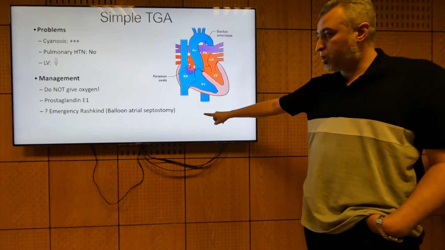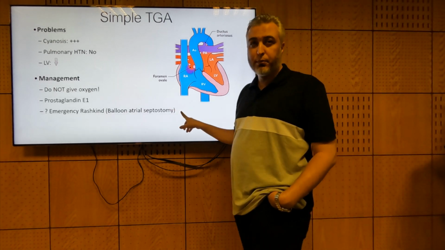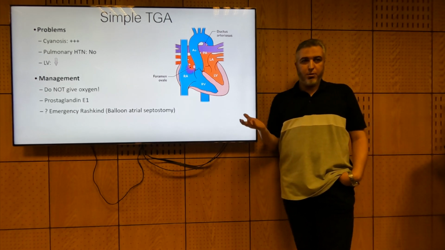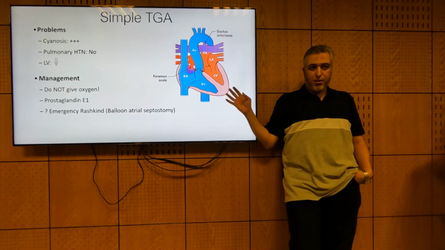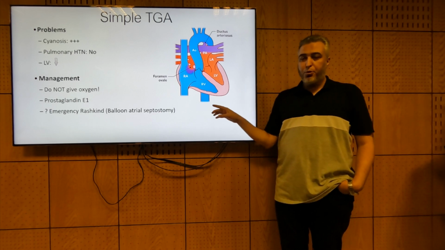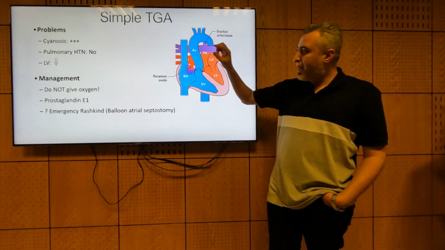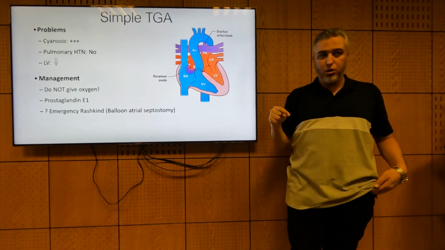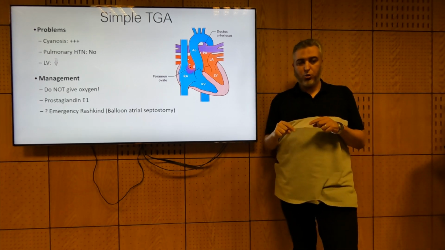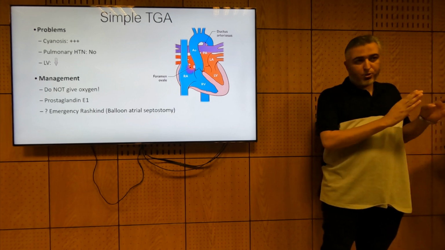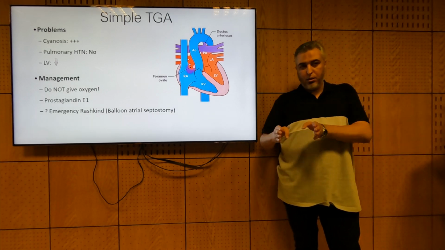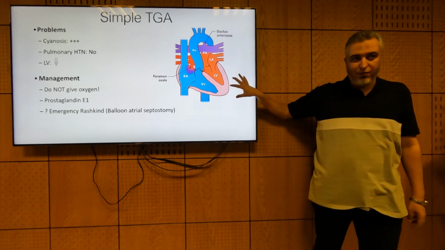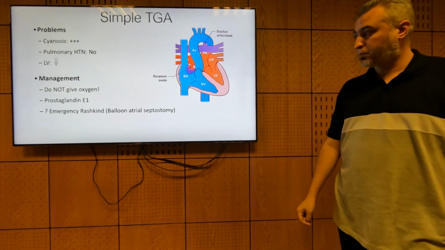So should we do balloon atrial septostomy for everybody? Obviously, there are problems related to vascular access and things like that, but this is not the main problem. The other main problem here is that having a big atrial communication causes the LV to decondition a lot quicker. So patients who had balloon atrial septostomy should be quickly scheduled for the next step, which requires the LV to stay conditioned.